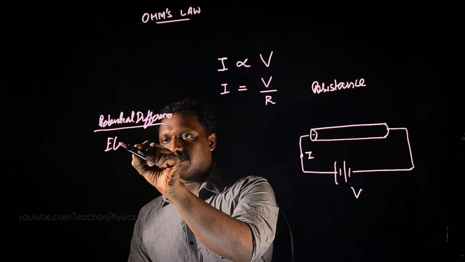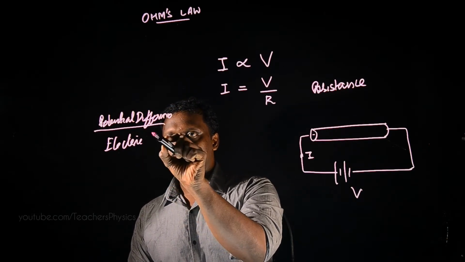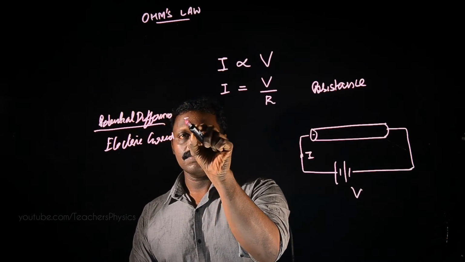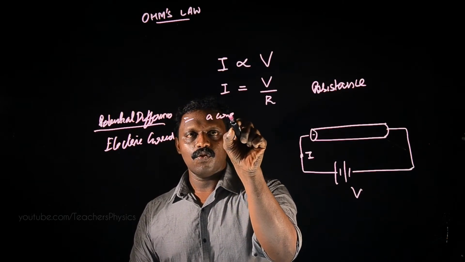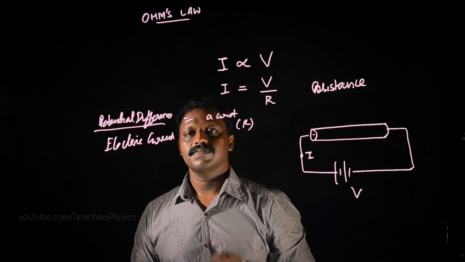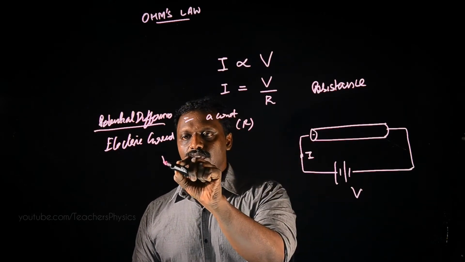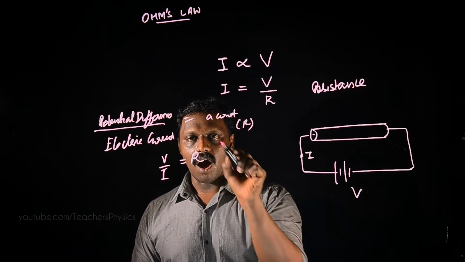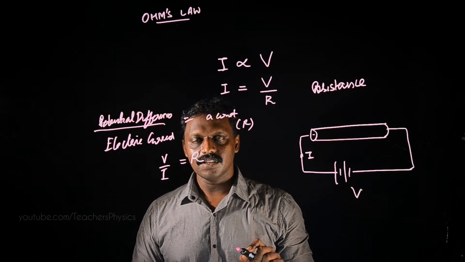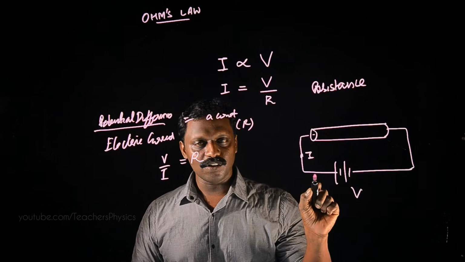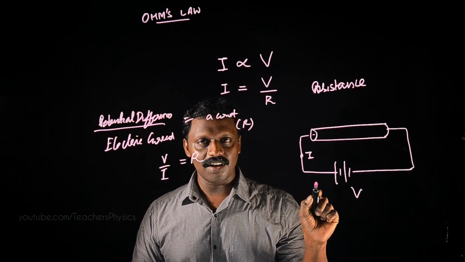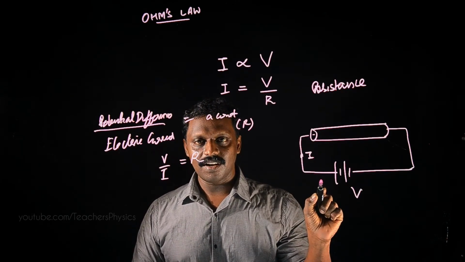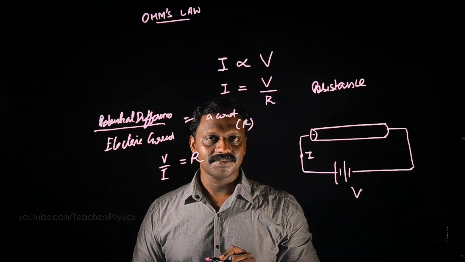electric current is equal to a constant, which is resistance. So V divided by I is equal to R, where R is a constant which depends upon the length of the conductor, its cross-sectional area, the nature of material, and the temperature.